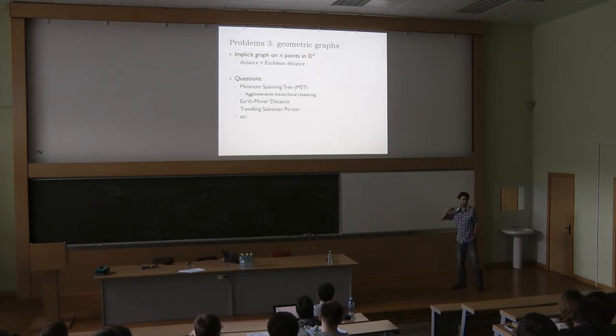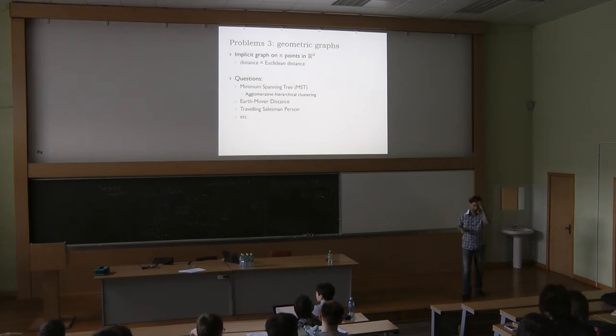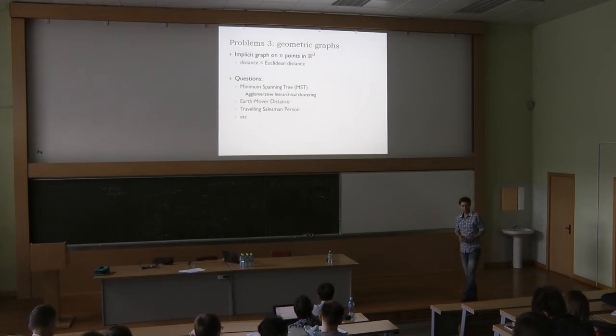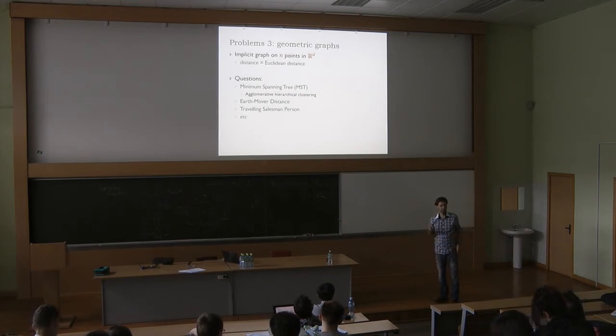This is the situation motivated by the fact that even connectivity on regular graphs is hard. So we became curious to say, what if these graphs arise from some particular setting? They arise from a geometric graph. So what does it mean?